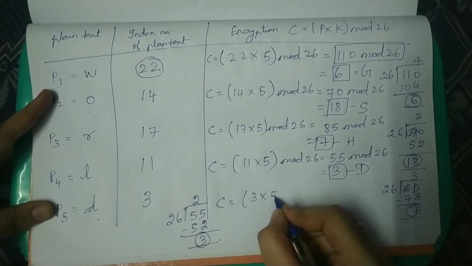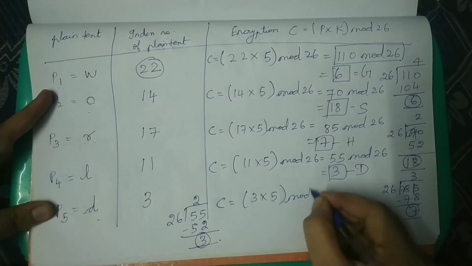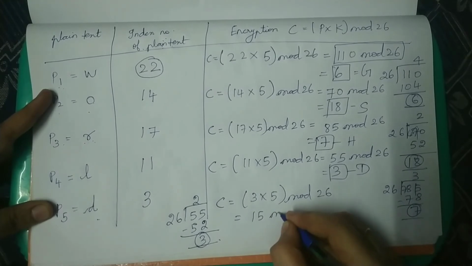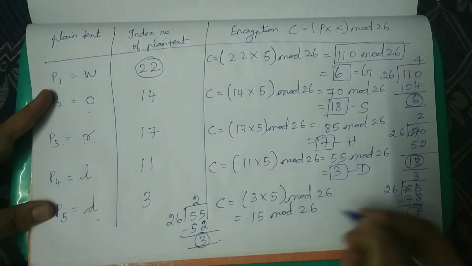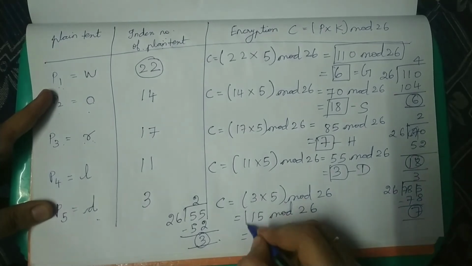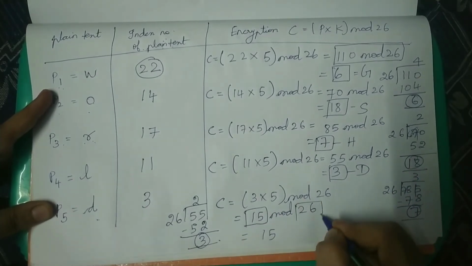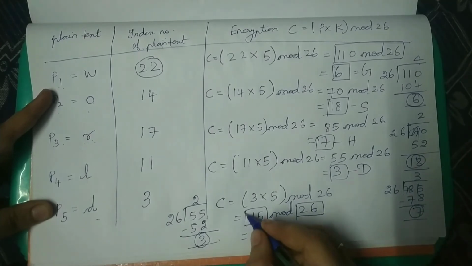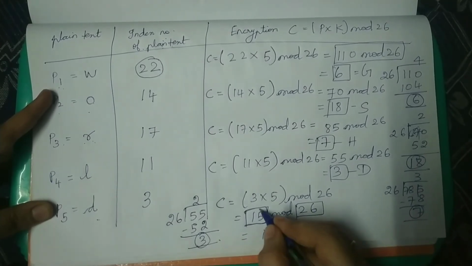For the last alphabet, the plain text number is 3. So 3 into 5 mod 26, which is equal to 15 mod 26, which is equal to 15, because in a modulus between a smaller and a bigger number, the answer will always be the smaller number only.